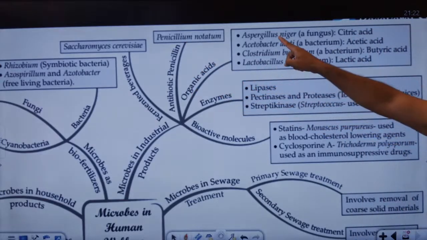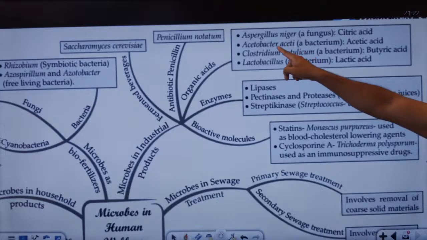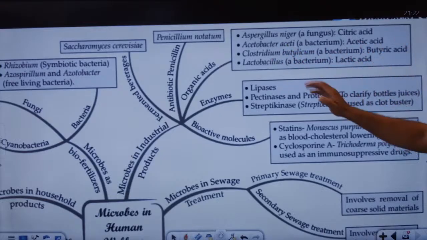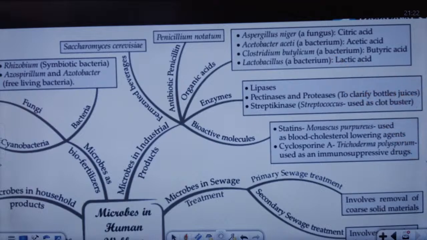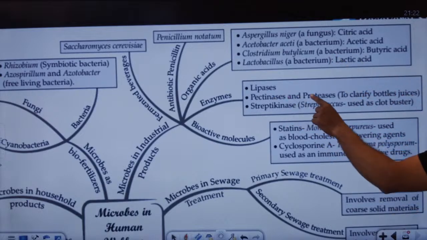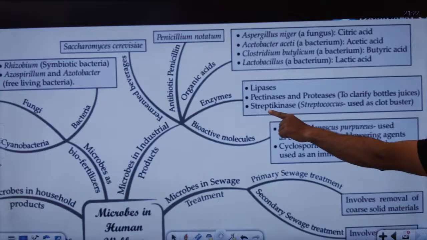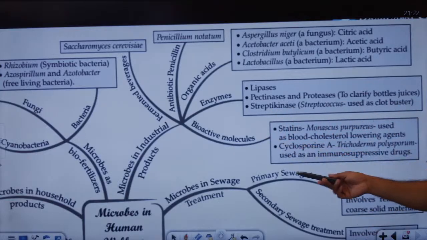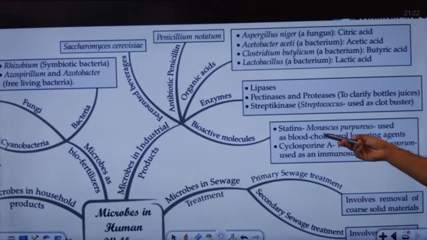Organic acid: Aspergillus niger, fungus, citric acid; Acetobacter aceti, bacterium, acetic acid; Clostridium butylicum, bacterium, butyric acid; Lactobacillus, lactic acid. Enzymes: lipase, pectinase for clarifying bottled juice, streptokinase from Streptococcus used as a clot buster. Then bioactive molecules: statins, Monascus purpureus, blood cholesterol lowering agent; cyclosporine, Trichoderma polysporum, immunosuppressive agent.